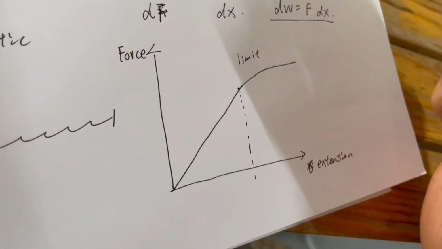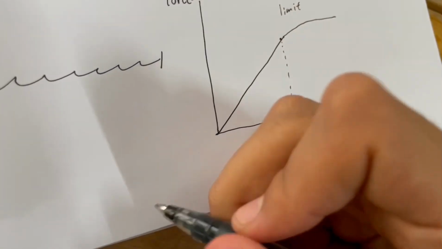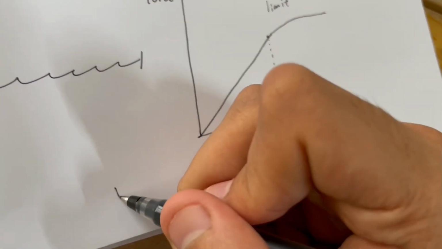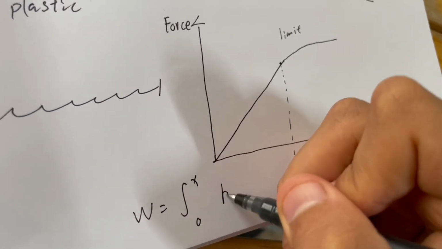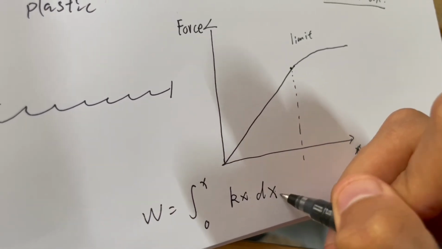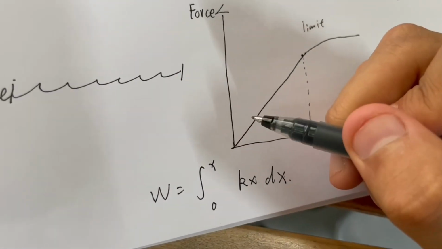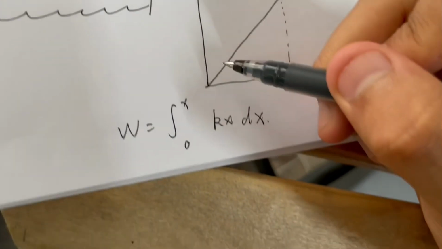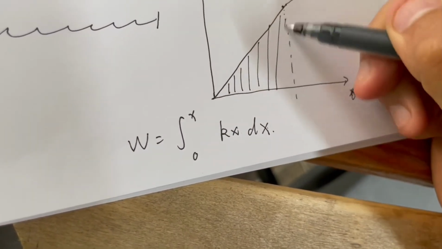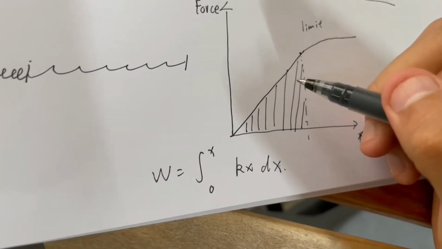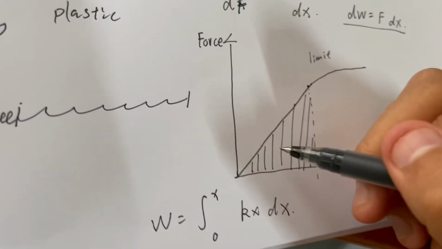This is done through integration. It means the area under this graph. So this represents the potential energy, also the work done.